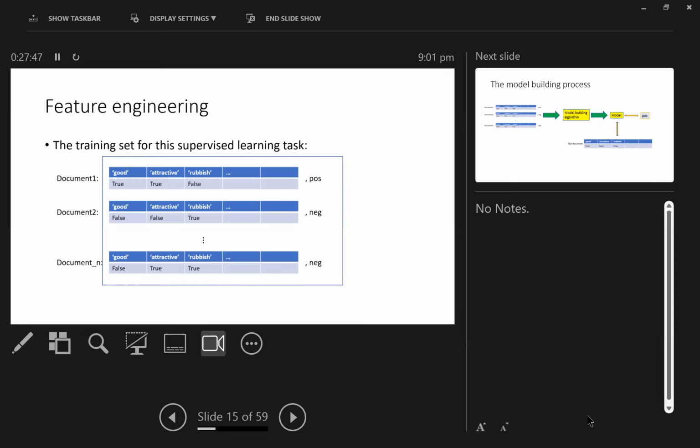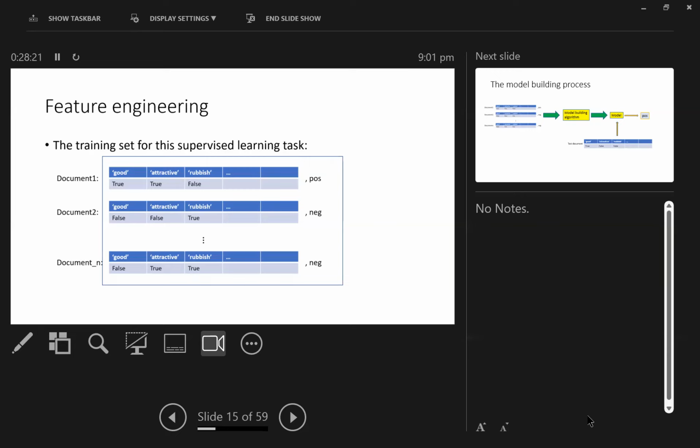So basically, the input will be based on all the sentiment words. And then how to classify a document? Basically, we just use 0 and 1 to show whether the word exists in the document. For example, in document 1, we find that it contains the word good, contains the word attractive, but does not contain the word rubbish.